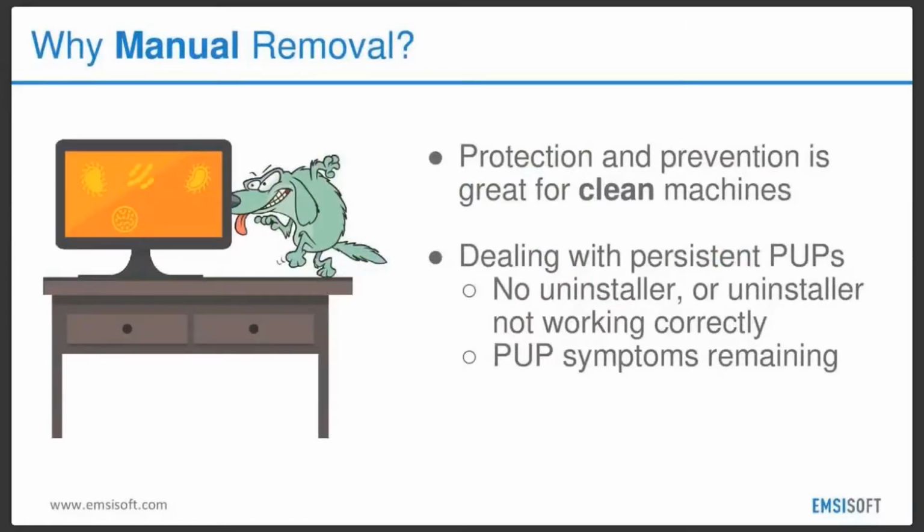Last time we talked about manual malware removal and why it is sometimes necessary. This time we want to focus on a slightly different category, namely potentially unwanted programs, usually abbreviated as PUPs.